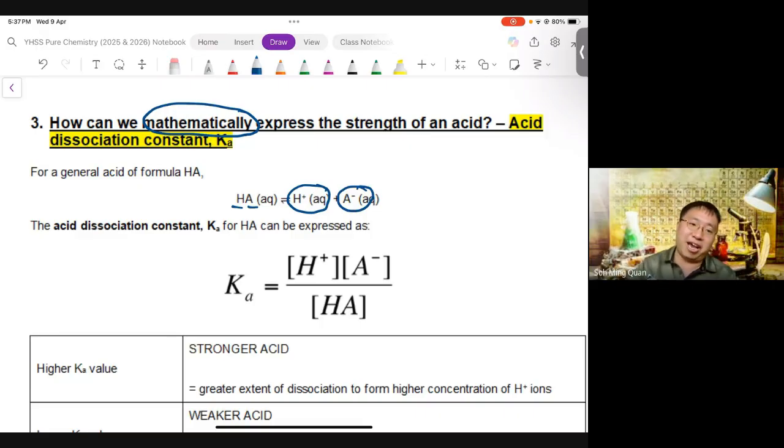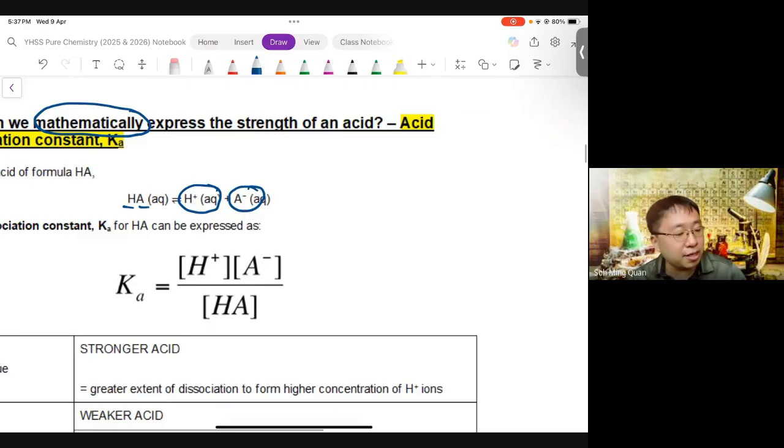So HA becomes H plus and A minus. So let's express this as a fraction. Let's express the concentration of H plus times the concentration of A minus over the concentration of HA.